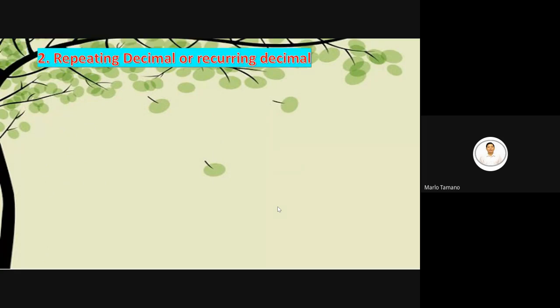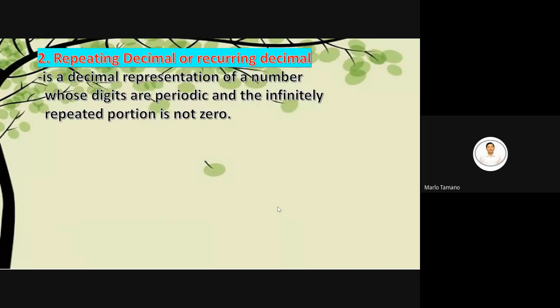Alright, so number 2, we have repeating decimal or recurring decimal. When we say repeating, there is a digit that repeats, a number that repeats. We call that the repetend. It is a decimal representation of a number whose digits are periodic, and the infinitely repeated portion is not zero.